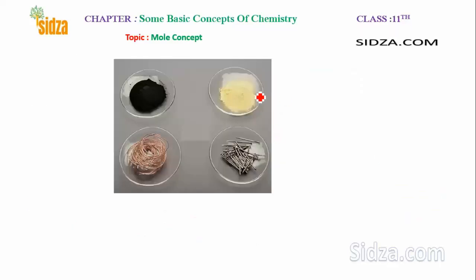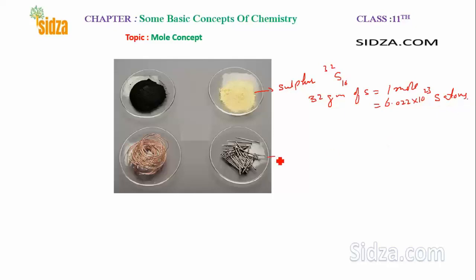Suppose we have sulfur, and sulfur we know atomic number is 16, atomic mass is 32. So when you express the atomic mass of sulfur in grams, that is the molar mass of the sulfur, right? So that means 32 grams of the sulfur will be equal to 1 mole of the sulfur, means it contains 6.022 times 10 power 23 sulfur atoms.